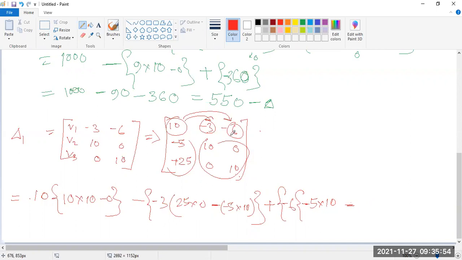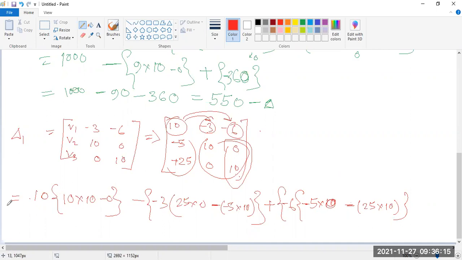Oh, sorry. You are taking 6. So you have to discard this area. You have to take only this area. So this is -5 into 0, -5 into 0, and 25 into minus of 25 into 10.